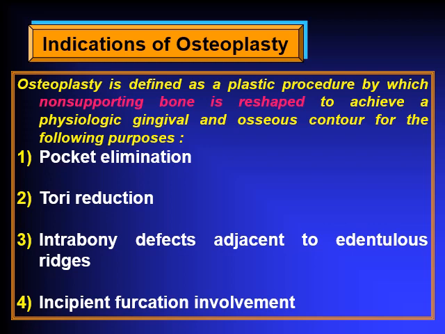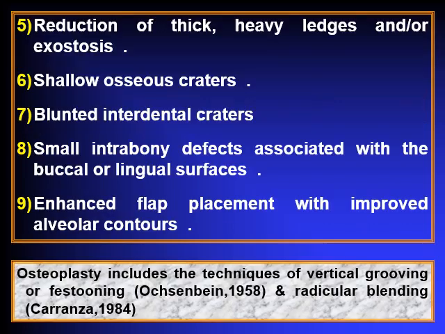Now, what are the indications of osteoplasty? Number one, pocket elimination, because we mentioned that the goal of osseous resective surgery is the elimination of the periodontal pockets. Number two, tooth reduction. Three, intrabony defects adjacent to edentulous ridges or incipient furcation involvement.